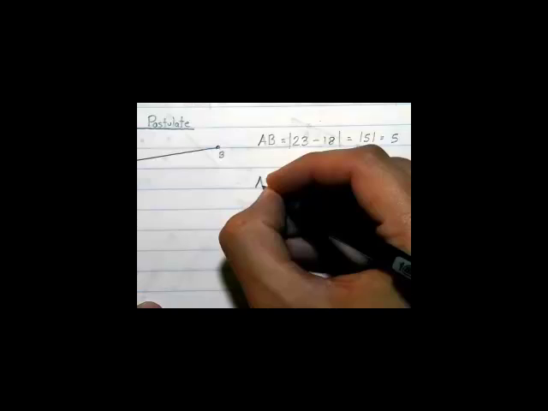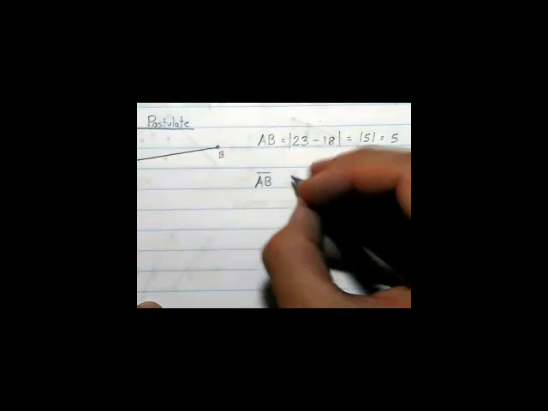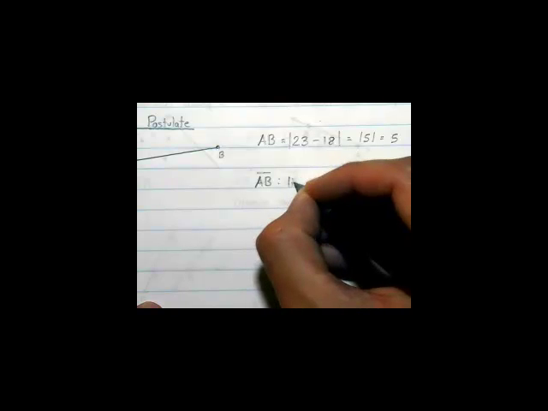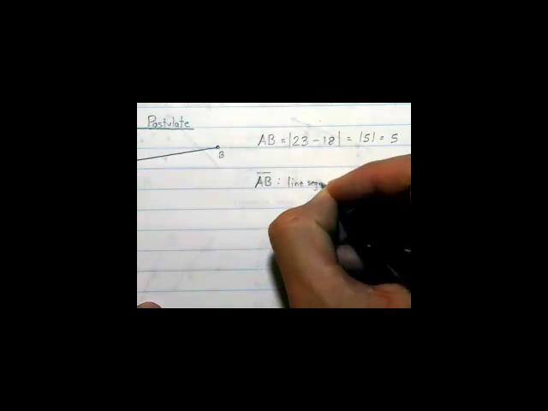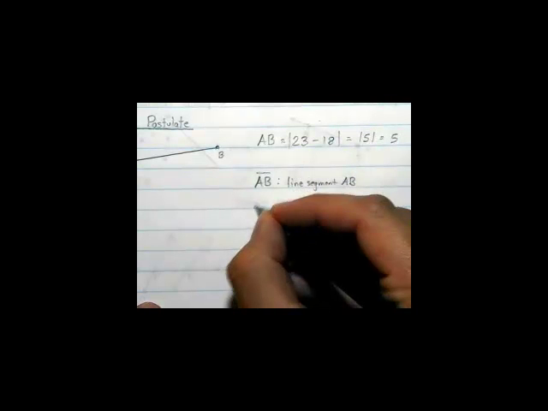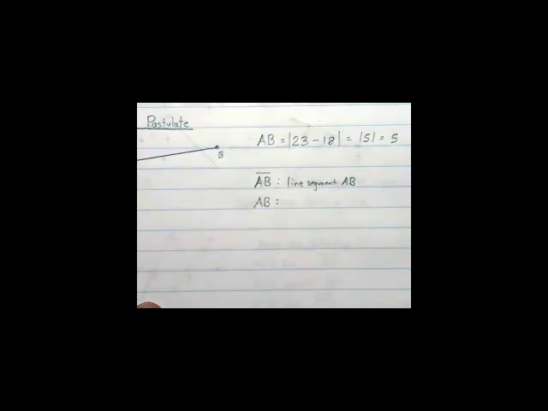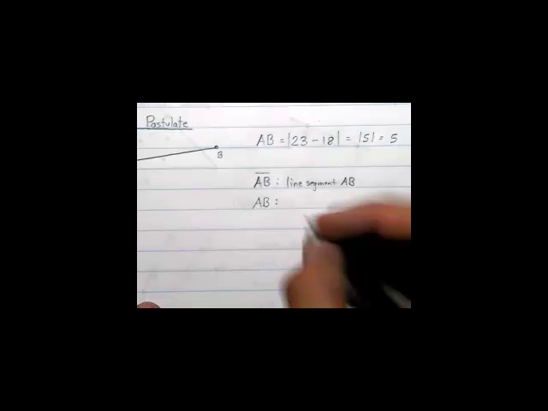AB with the bar refers to the segment. So this is line segment AB. If I have AB, that refers to the length of line segment AB.